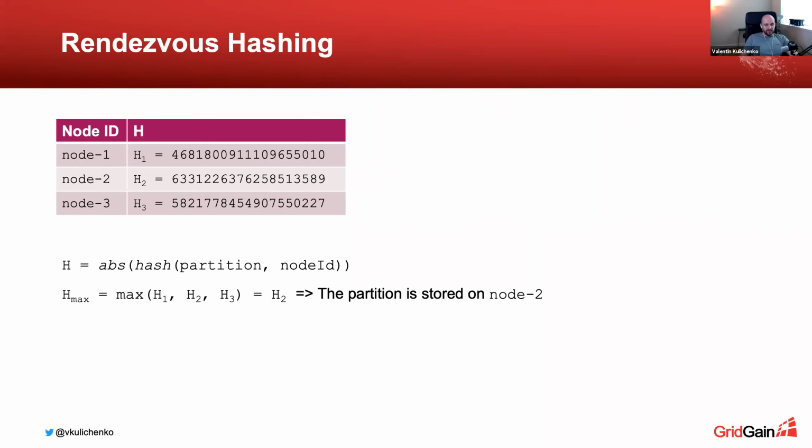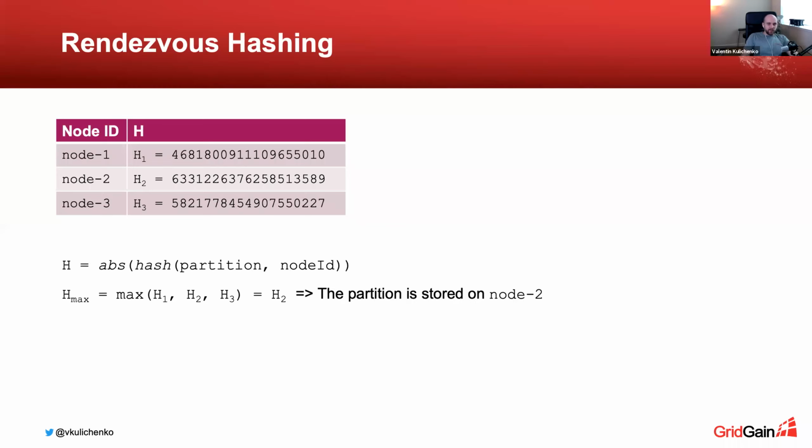And this maximum value will basically just point us to the node where this partition will be stored, right? So if h2 is the maximum one, h2 is the value for node 2. Therefore, this partition will be stored on node 2. So that's how the algorithm works. And you can calculate this mapping for any partition whenever you need it, right?